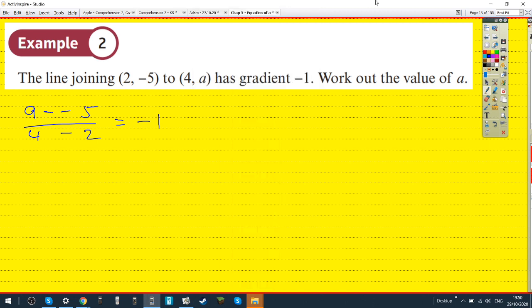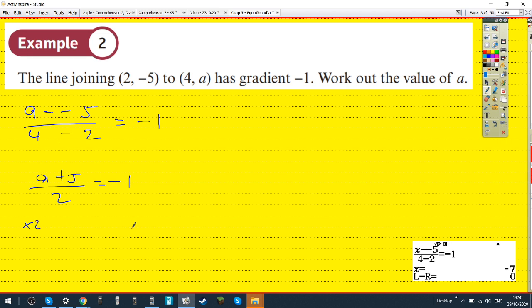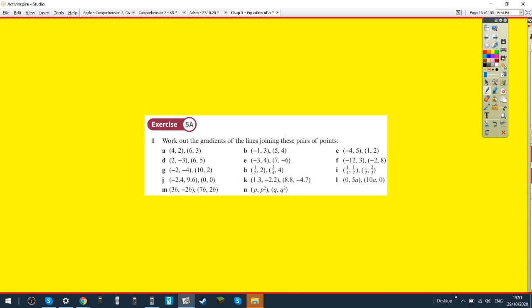Yep. That was minus 7. You can always do it by hand if you forget the calculator. So a plus 5 over 2 equals minus 1. Times both sides by 2. a plus 5 equals minus 2. Subtract 5 from both sides. And so you get a equals minus 7. It's all the same calculator.